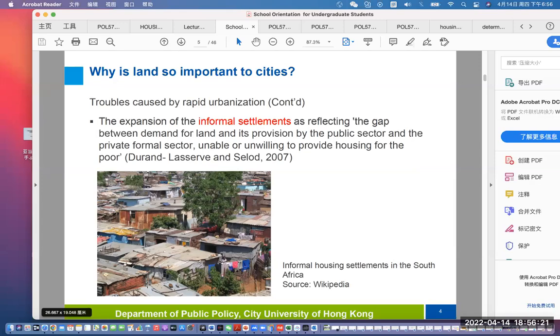And there would be informal settlements in rapid urbanization, because the gap between the demand for land and its provision by the public sector and the private sector would become quite important in that process.